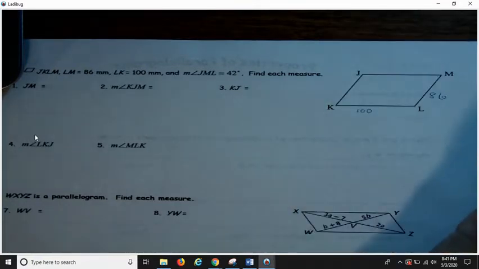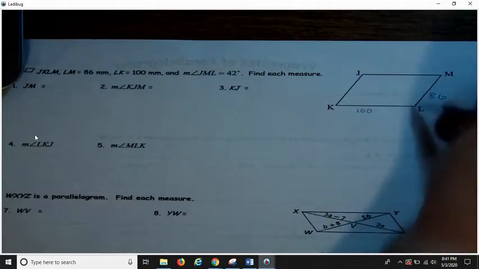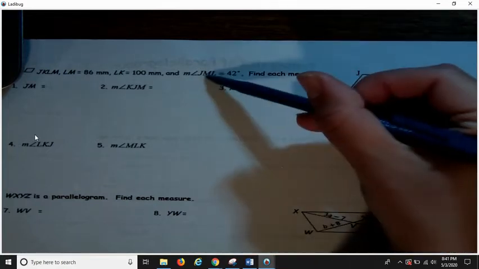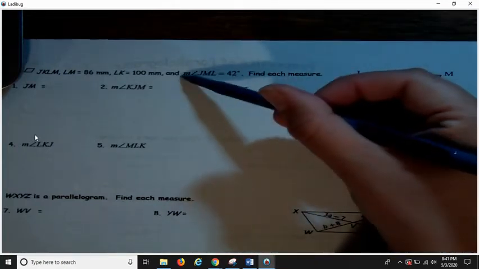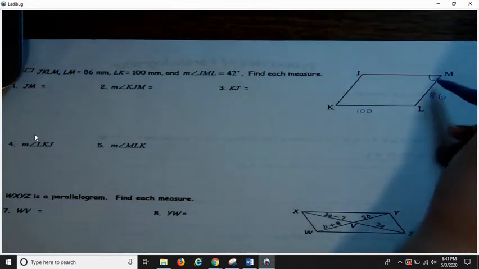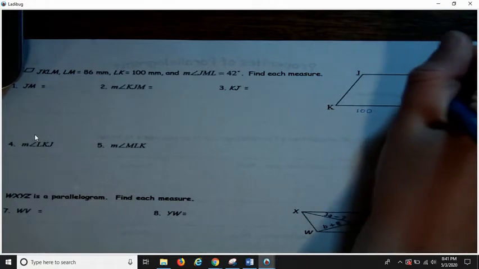And angle JML. JML is talking about this angle right here. You're looking at the letter in the middle when you're looking at the measure of an angle; the vertex that represents the angle is the middle one. This is 42 degrees. It says find each measure.